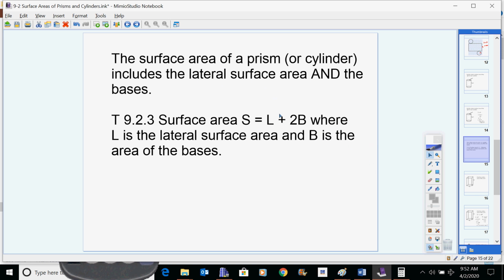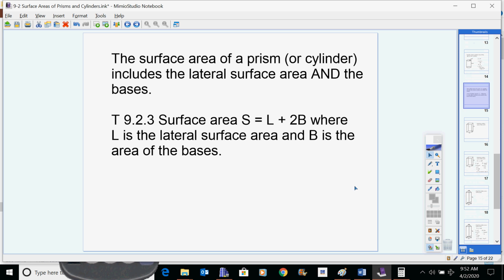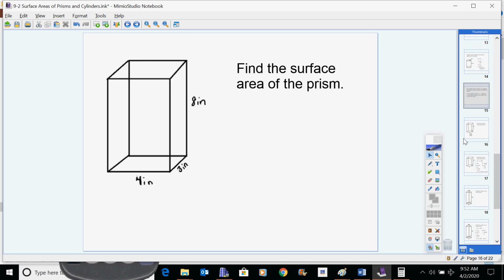So when you figure out the area of an entire prism, you're looking at the area of the lateral surface plus a top and a bottom. So that's why 2B. B is the area of the bases. So you need to have the lateral surface area and then the top and the bottom added on to that.